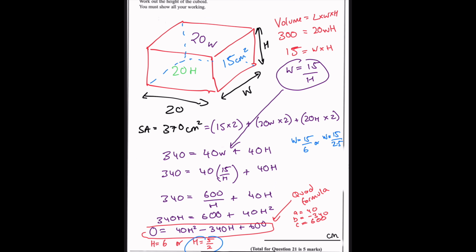If it's 15 over 2.5, then w equals 6. And we know w is greater than height, so width must be 6 and height must be 2.5.